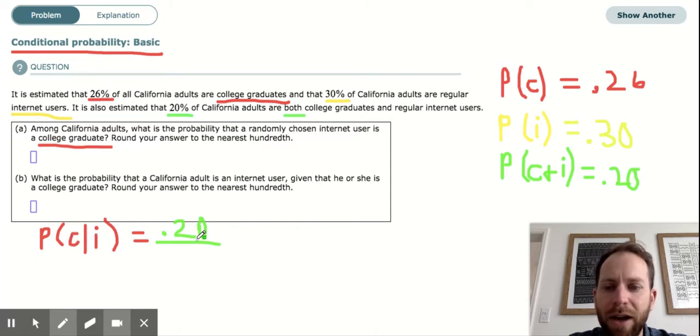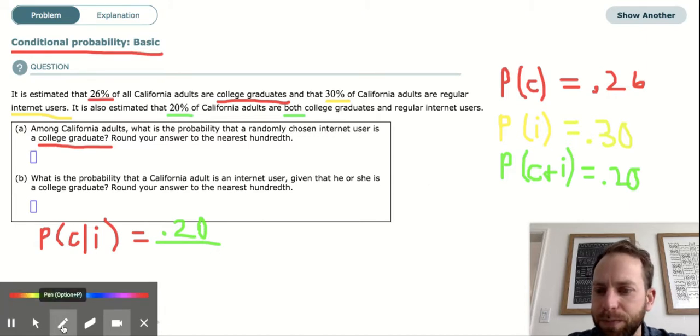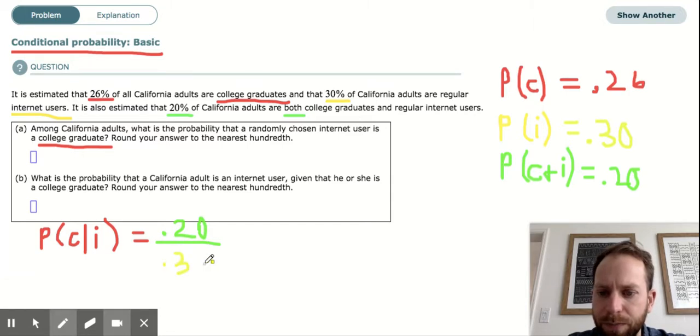So in order to get rid of the I, what we have to put on bottom is the I, the 0.30, which is yellow, 0.30, right?